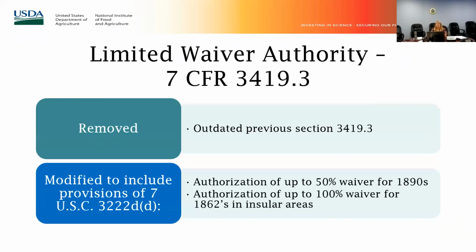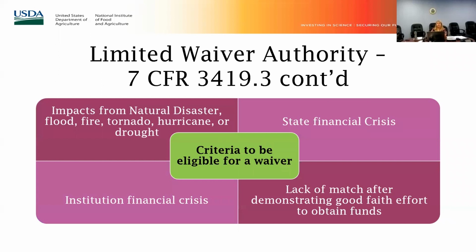In the Waiver Authority section, we removed the outdated section and we modified the existing provisions to add the authorization of up to 50% for 1890s and 100% for insular areas. We also clarified what criteria you have to meet to be eligible for a waiver.